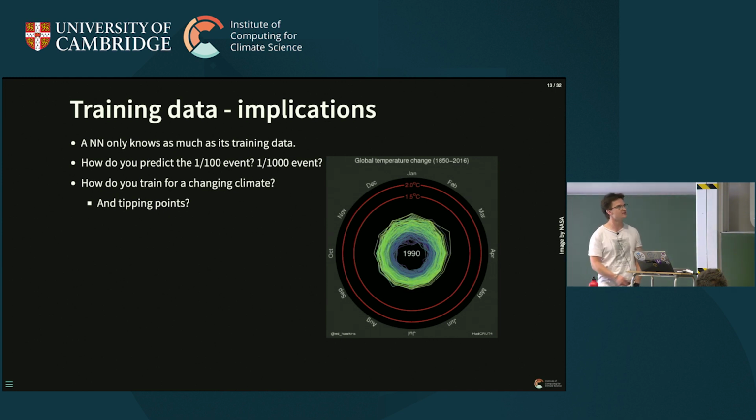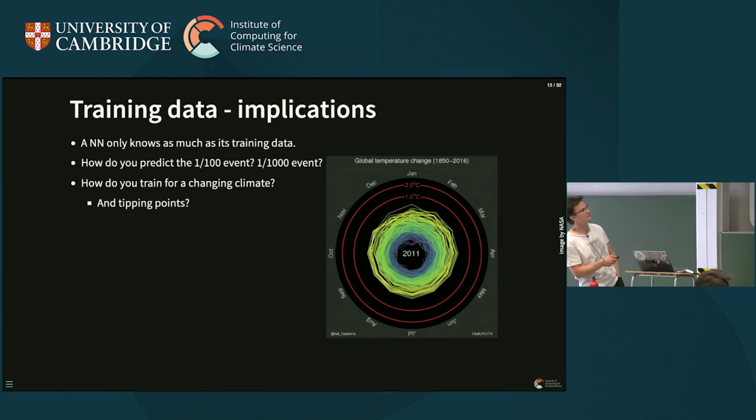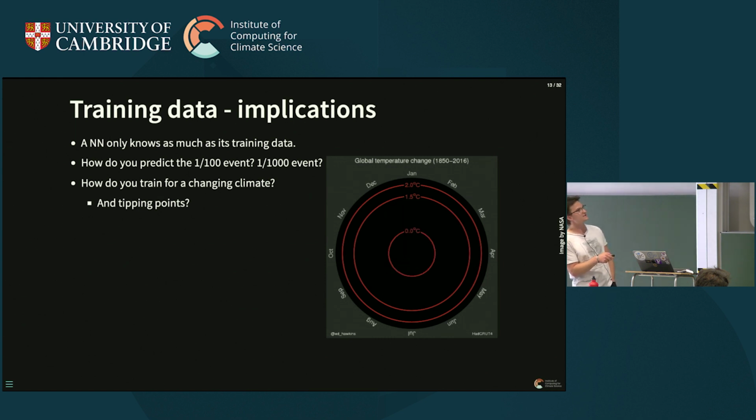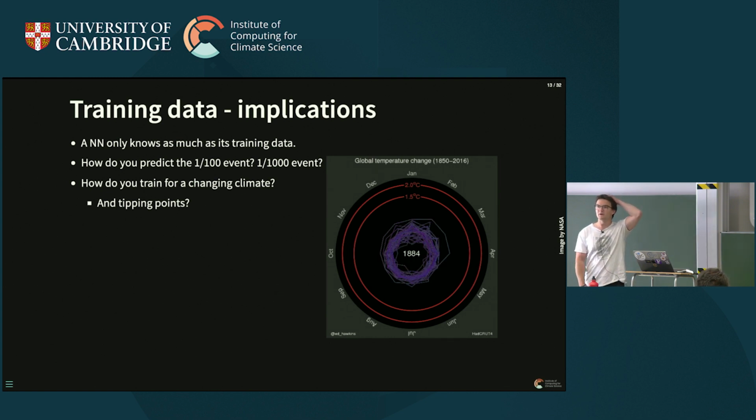Because it's well known. So this is the famous doomsday clock from NASA? Yes, NASA, of how since the 80s, global temperature has been spiraling out towards that 1.5 degree limit. And we know that sea ice extent has got less and less every year.